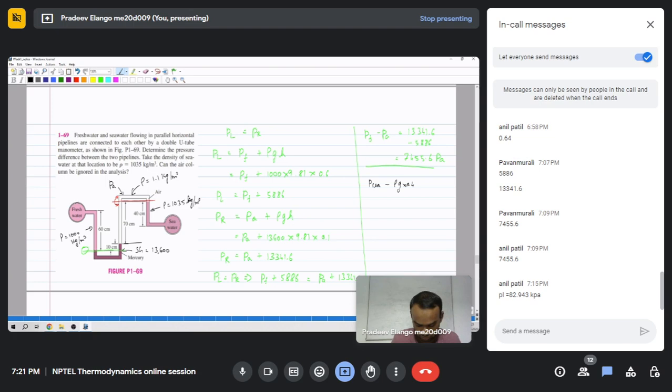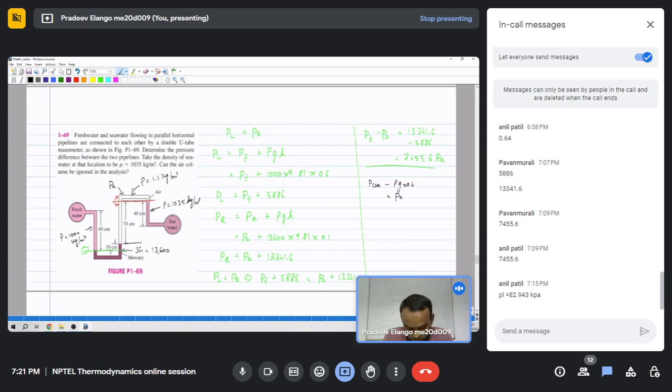Yes, that should be equal to the pressure exerted by the air, sir. Equal to PA. Yeah, I think that is right.